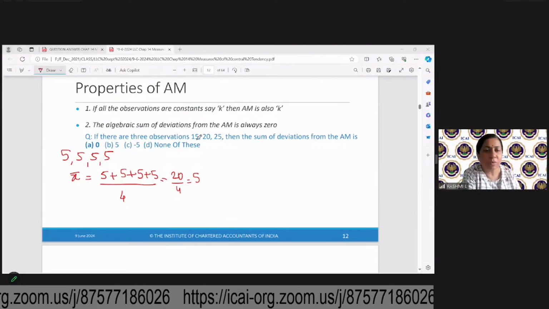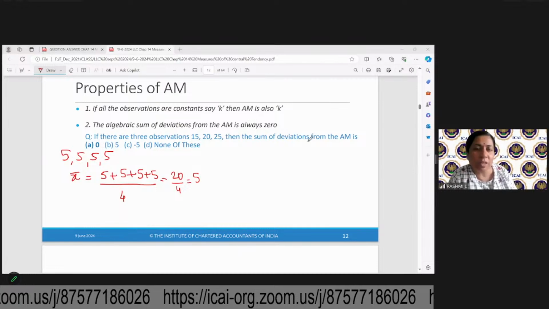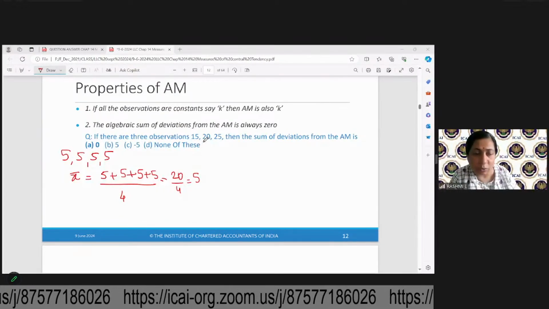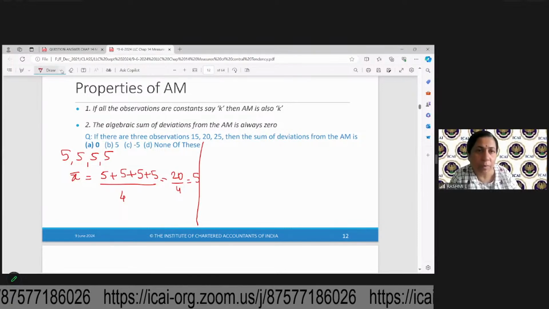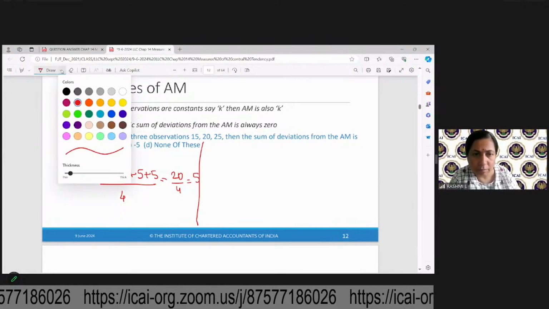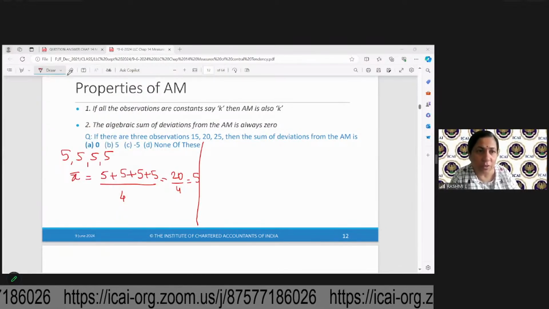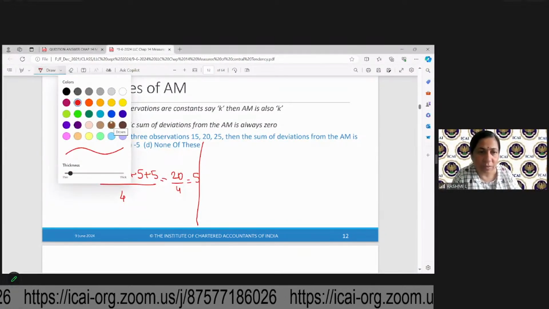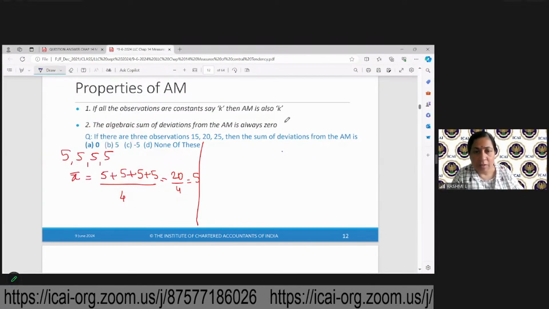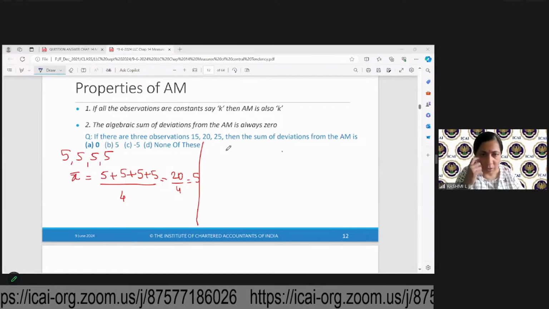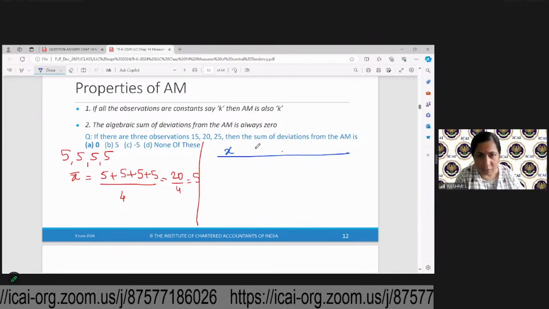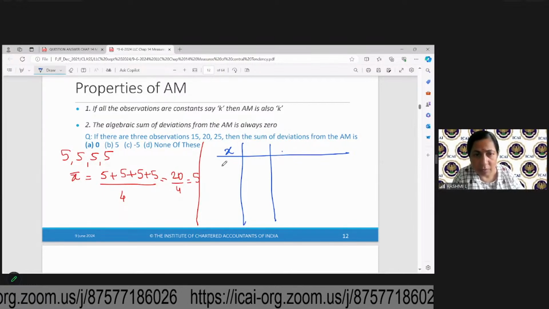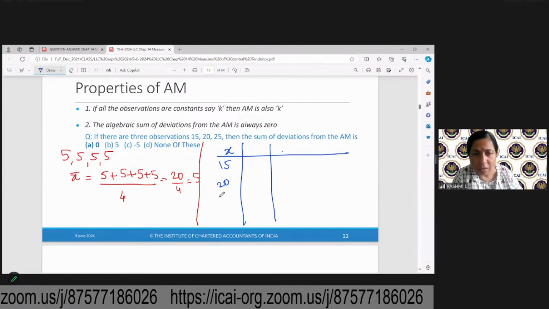Now the next one. If there are 3 observations, 15, 20 and 25, the sum of deviations from the mean is how much? Ishika is saying 0. Let's see whether that is correct. Now x is 15, 20, 25.